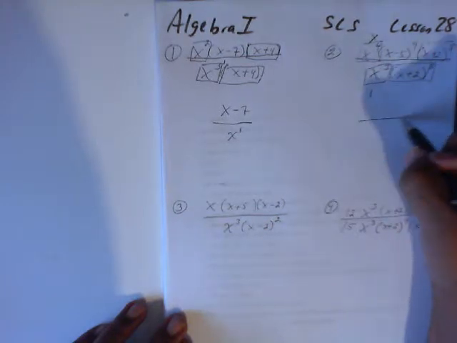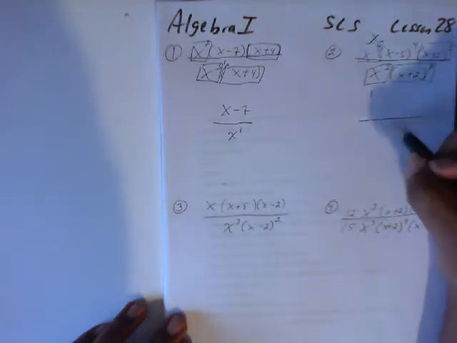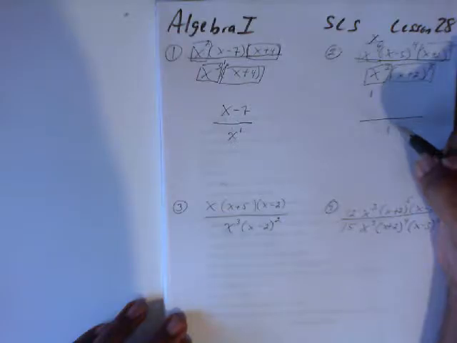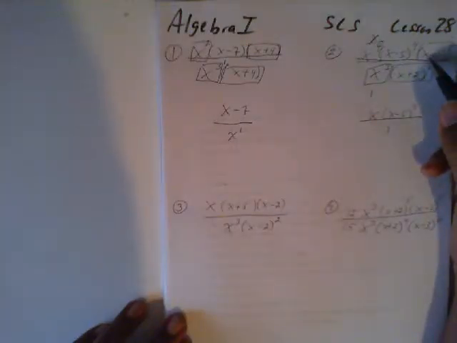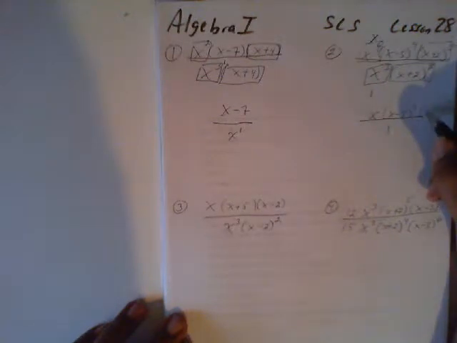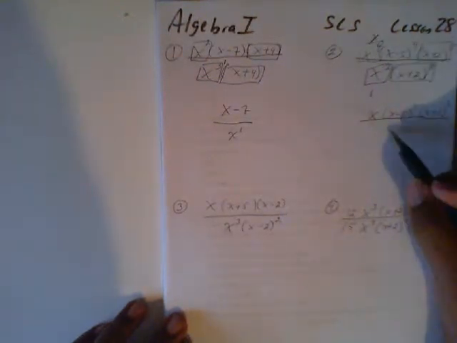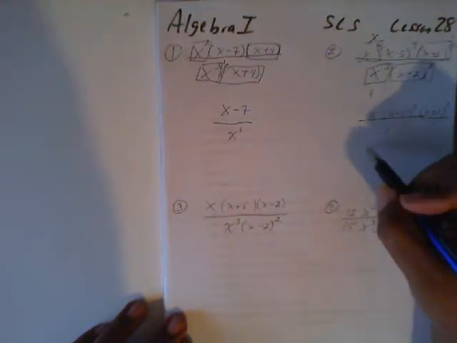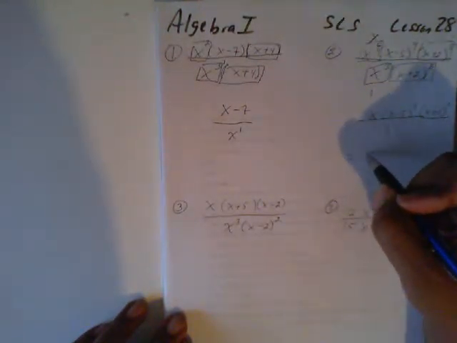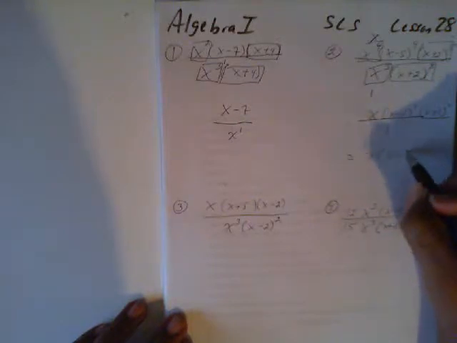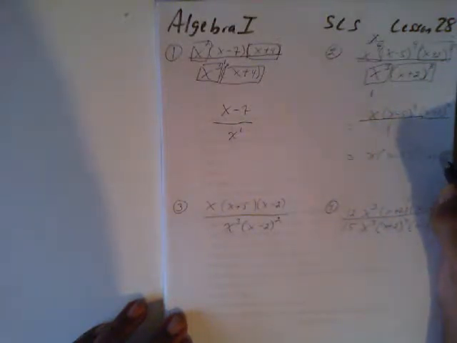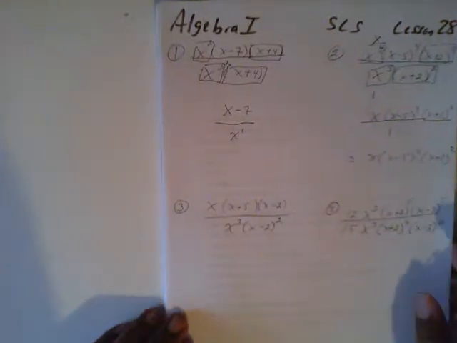So what we'll have here is only 1 will be left in the denominator. Here, we have x minus 5 to the fourth power and 2 of the x plus 2's. And because 1 in the denominator can be understood, we have x times x minus 5 to the fourth times x plus 2 all to the second power.